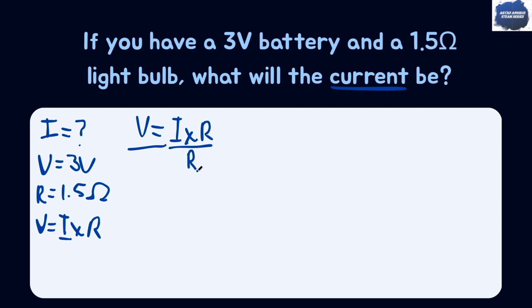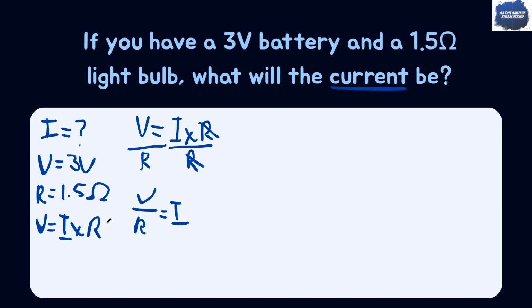We divide this by resistance, we divide this by resistance. Since it's an equal sign, it means both sides need to be equal. So you divide both sides by resistance. These two then would cancel out, and that would leave us with V over R equals I.